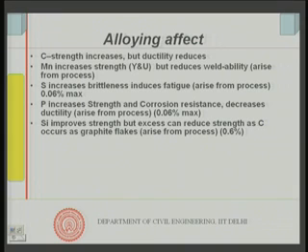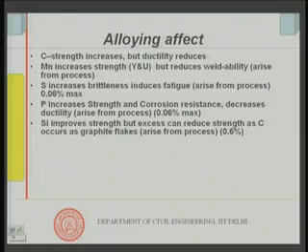Silicon improves strength, but excess can reduce strength, as carbon then occurs as graphite flakes. Silicon also arises from the process itself, we do not add it intentionally, but it is there, and if you add too much silicon, then the carbon becomes graphite flakes, whereby it actually reduces the strength. So, it improves the strength, but excess can do this.